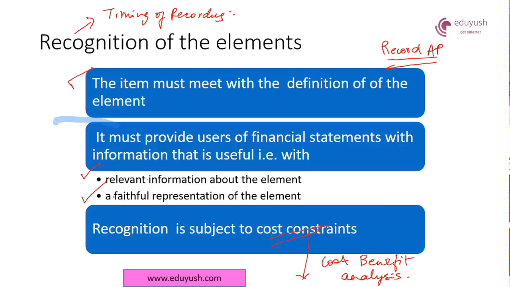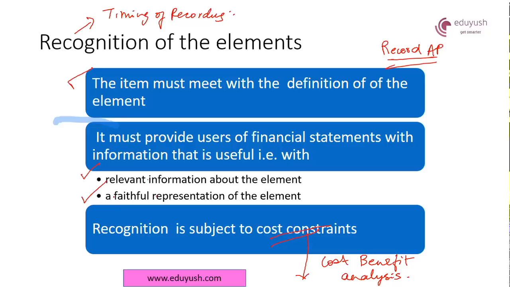Okay, got it. So these standards are taking care of it. But basically, when you're recording information, if it is going to be a heavy cost, then you can ignore it. It is acceptable. You can recognize it subject to cost constraint. That means don't go all out to match with the accounting standards, and some information which is not too relevant, you can skip if the cost constraint is there.